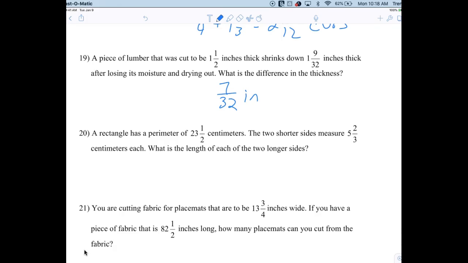Can you really have negative thickness? No, the negative just means it shrunk down, right? So technically what you should have said was 1 1/2, that's where you started, and then you subtracted 1 9/30. You did the smaller minus the larger. The negative would represent the fact that it got smaller. Hopefully everybody understands what I'm saying on that. Everybody pretty good with that?